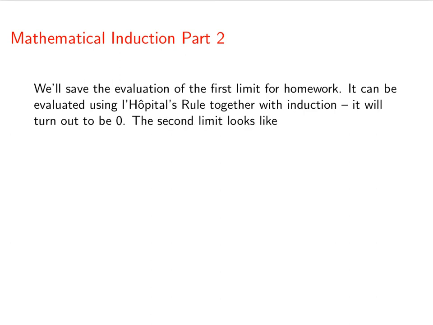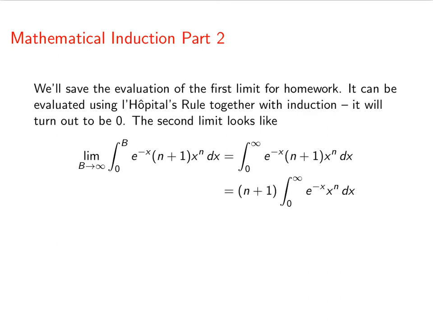All right, now let's talk about the second limit. Now let's take that limit and rewrite it back as an improper integral. And then we'll just factor out the n plus 1. Now, what's left over? Well, if you'll remember, this guy right here was the original integral that we started with, and we have an induction hypothesis about that.